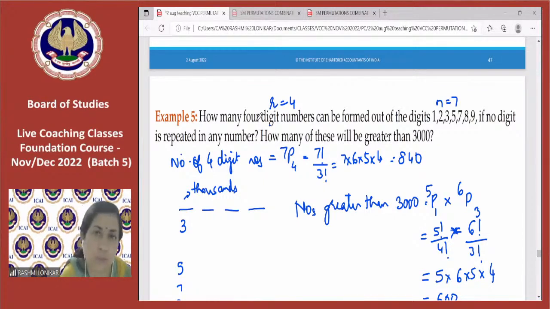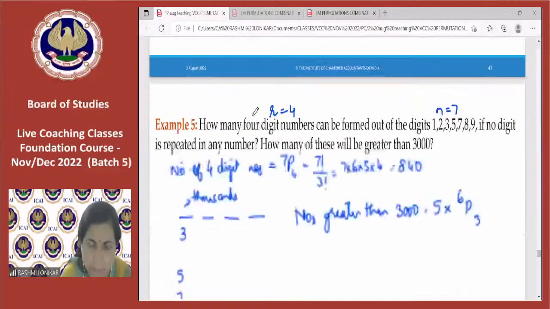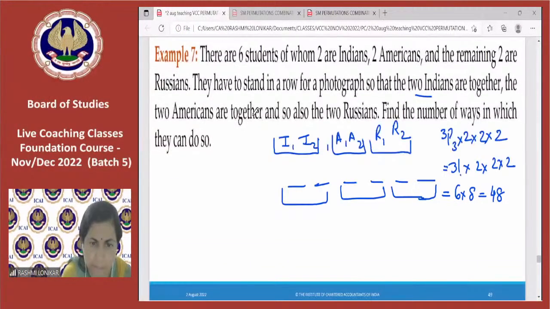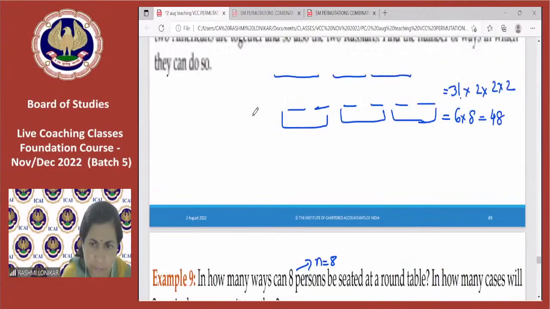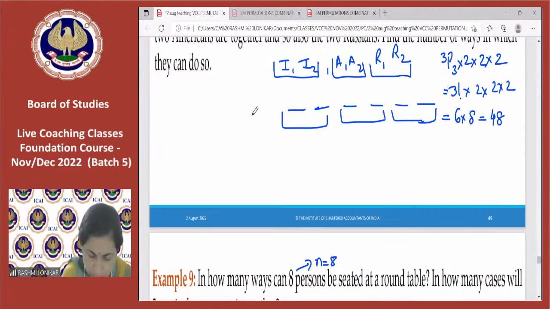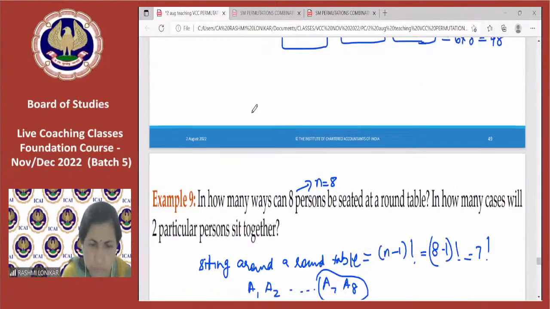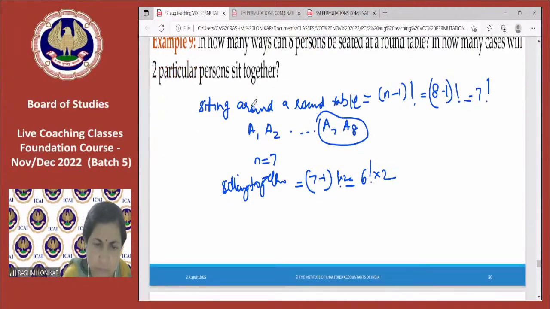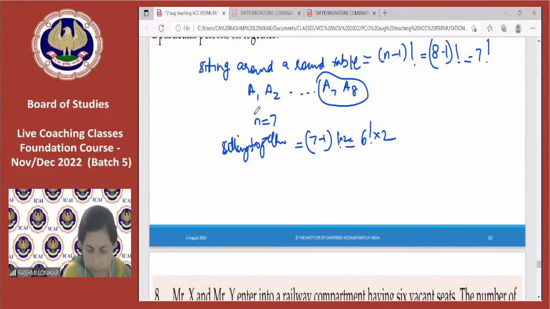When you are talking about 4-digit numbers, that means r is already given to you. Yes, very good, Zeba. Yes, Rahul, the answer is correct. Masum, what do you want me to explain? This sum?